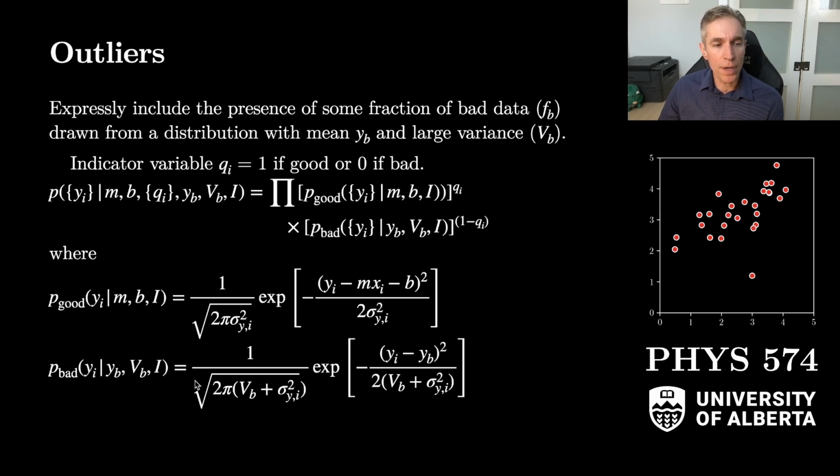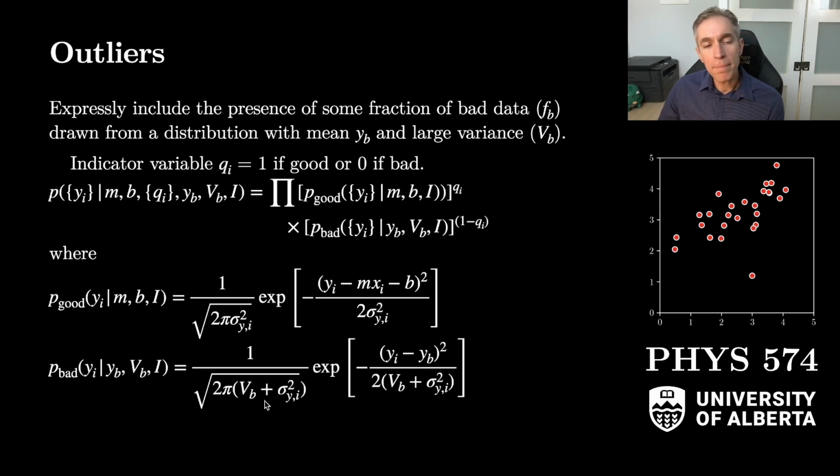And so that's 1 over the square root of 2 pi times the variance plus the uncertainty in the data squared. And then that's going to be e to the minus the offset from the y offset squared, over 2 times the variance plus the variance from the observations in the denominator.